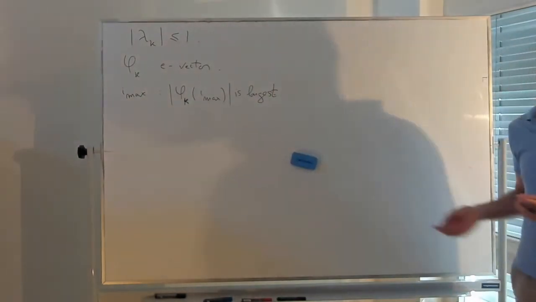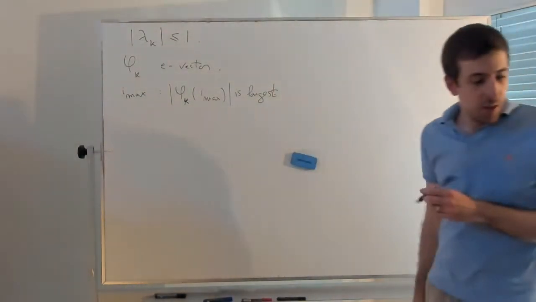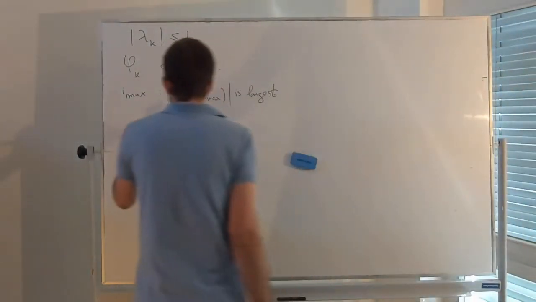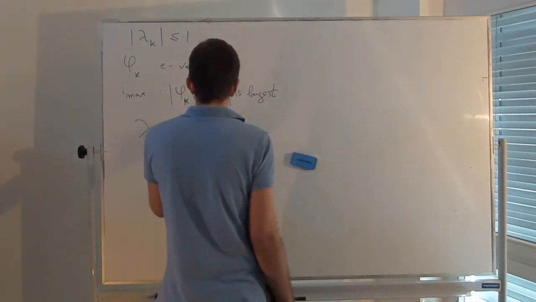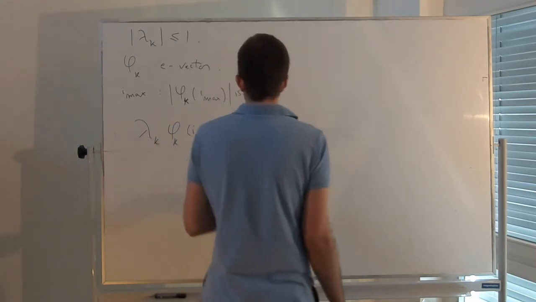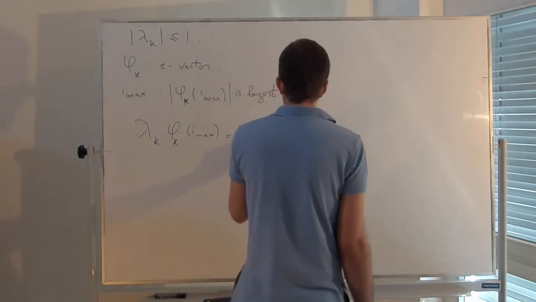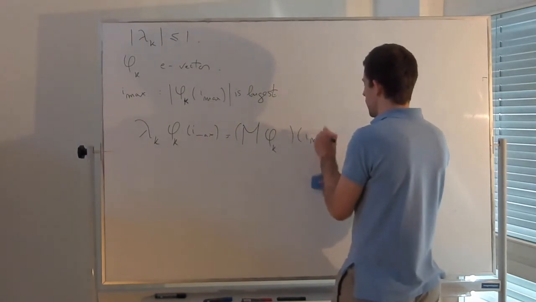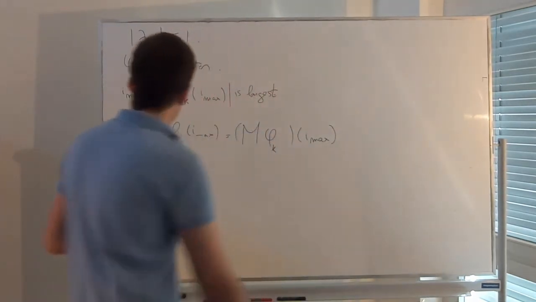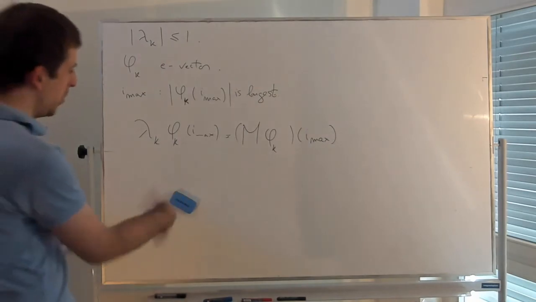Now we just need to see what's happening with this one. We know that lambda k phi k at I max is equal to, of course, M phi k, this matrix at entry I max. But what is this?